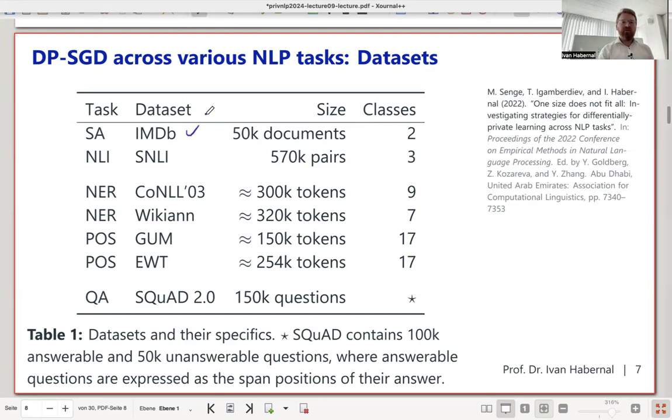So we took IMDb, then we took Stanford Natural Language Inference, which some of you might remember from the previous lecture. It is the natural inference task: if I have a hypothesis and a piece of text, does the text entail the hypothesis?